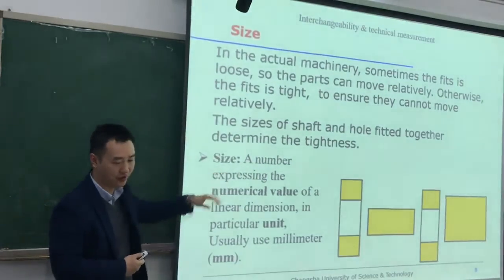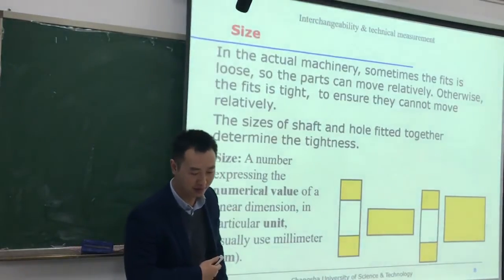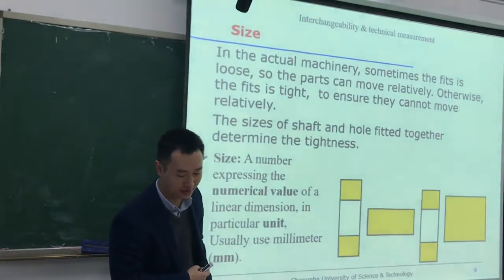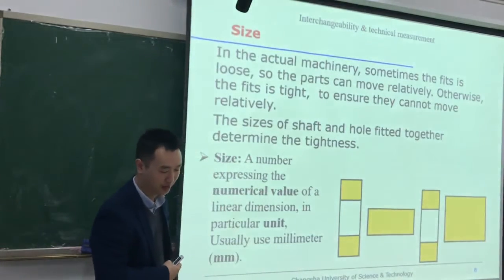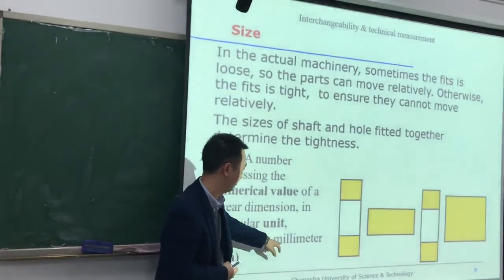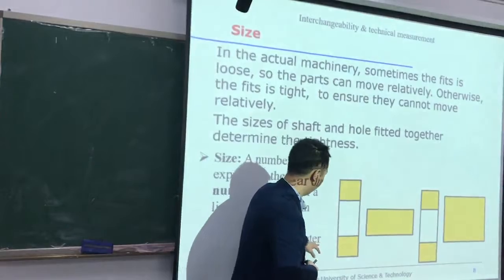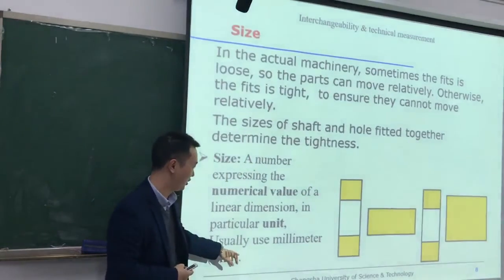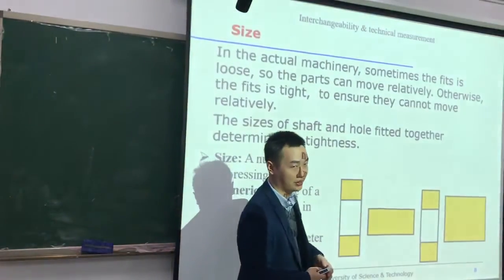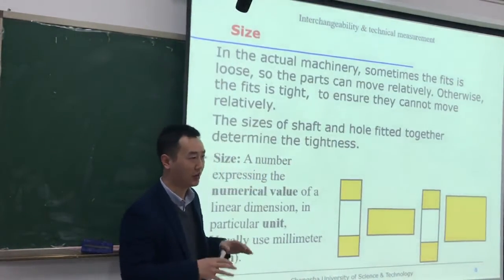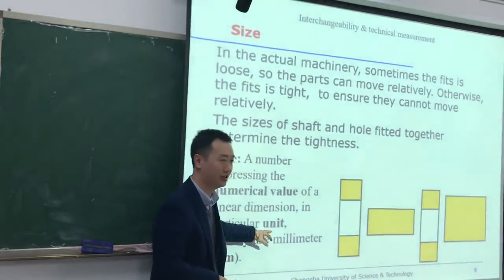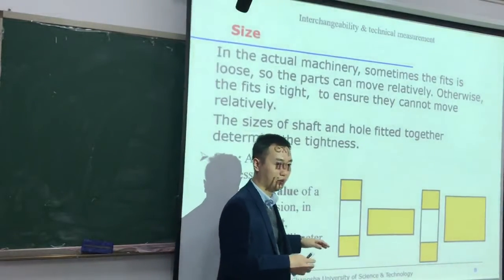So here's the definition of size. Size is a number expressing the numerical value of a linear dimension in a particular unit. Usually we use the unit of millimeter, the most commonly used unit. In mechanical drawing, if you don't write the unit, it means the unit is millimeter.